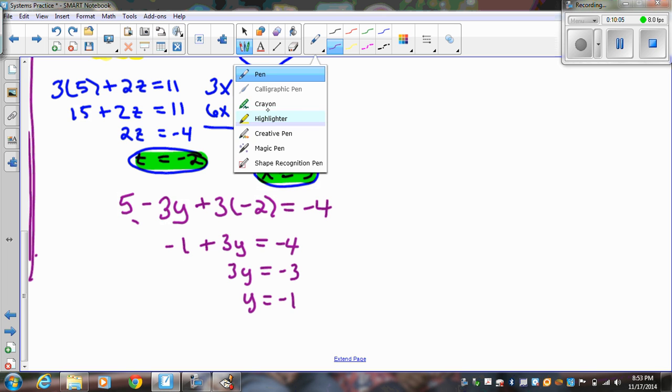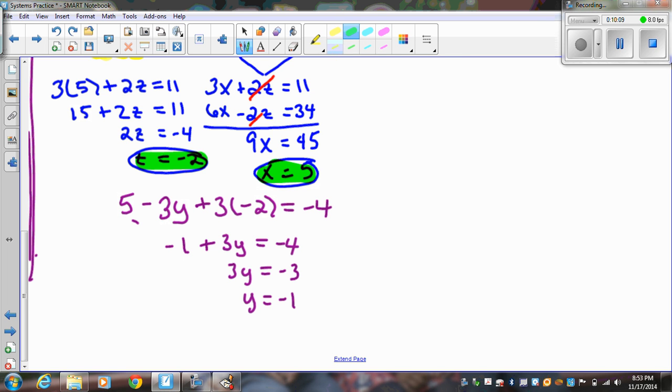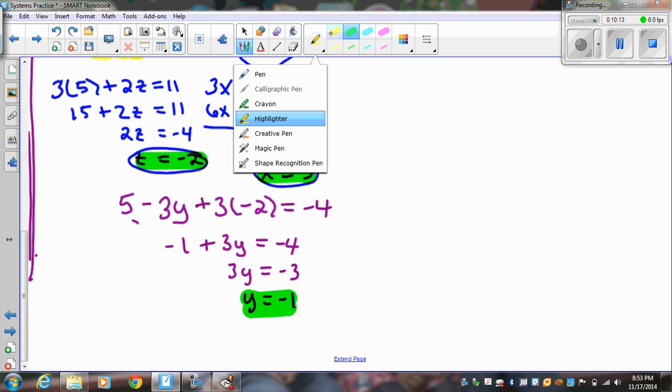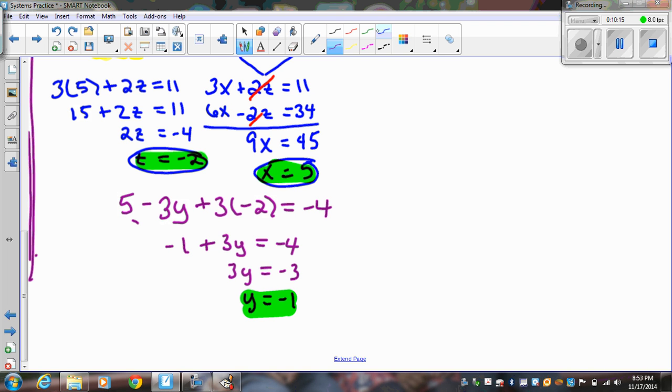Now I have all three pieces of my solution, and so my solution is x, y, and z, or the ordered triple of 5, negative 1, negative 2.